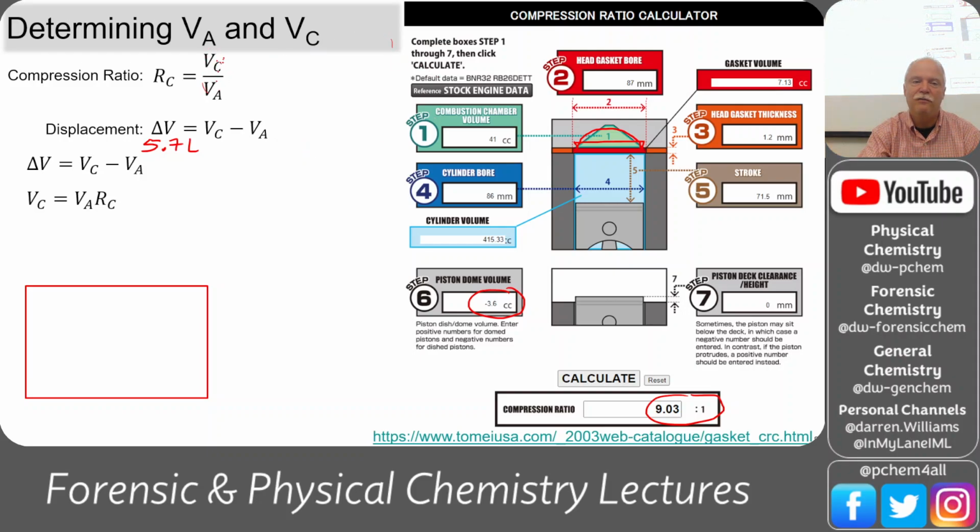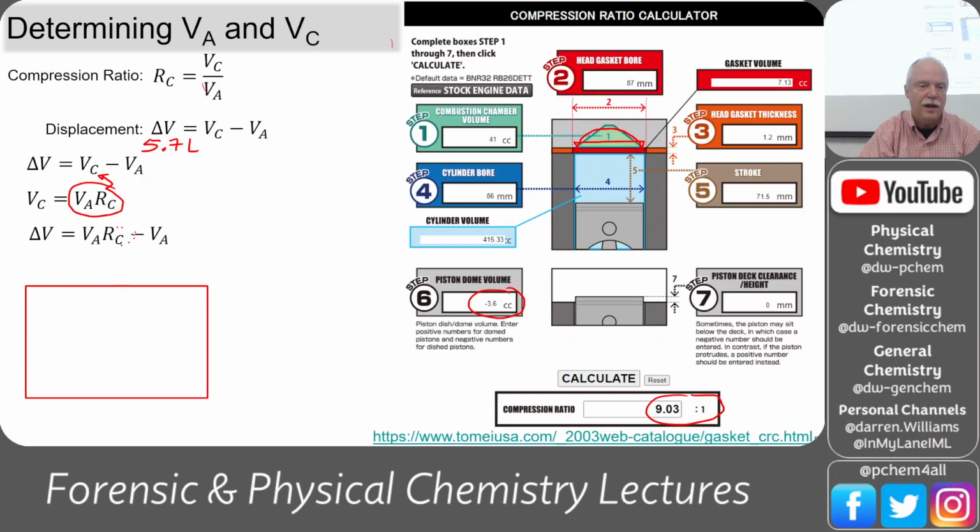That's the ratio of VC to VA. I got a big volume and it's squeezing down into a little volume. That's the compression ratio, VC over VA. And so I can rearrange that and solve for VC using that top equation. And then I can put these pieces right in here. And then I'll have all VAs in my delta V equation.